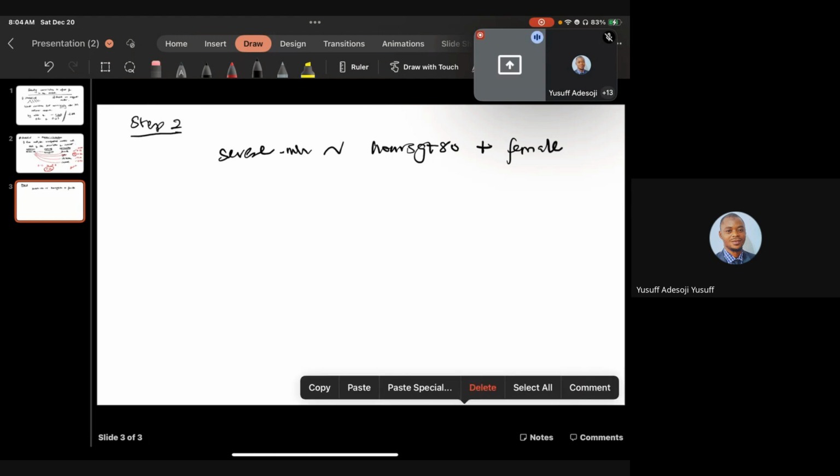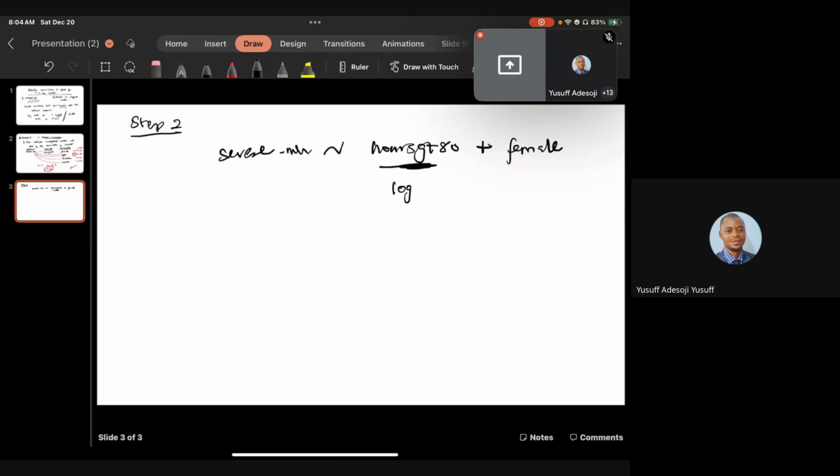We'll look at the log odds. First of all, we'll start by running this hours greater than 80 model and look at the log odds. Let's say the log odds for this is minus 1.23, as we saw before.